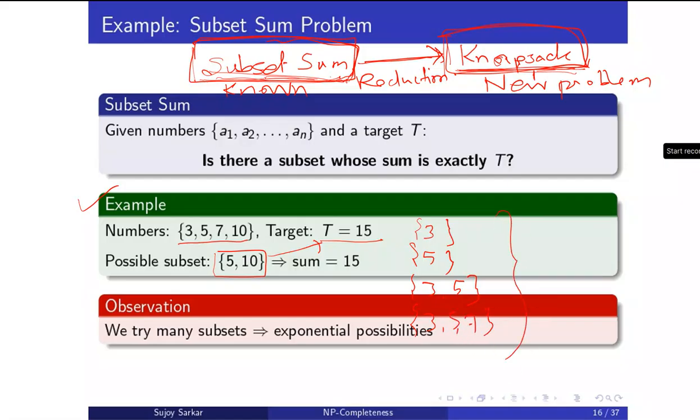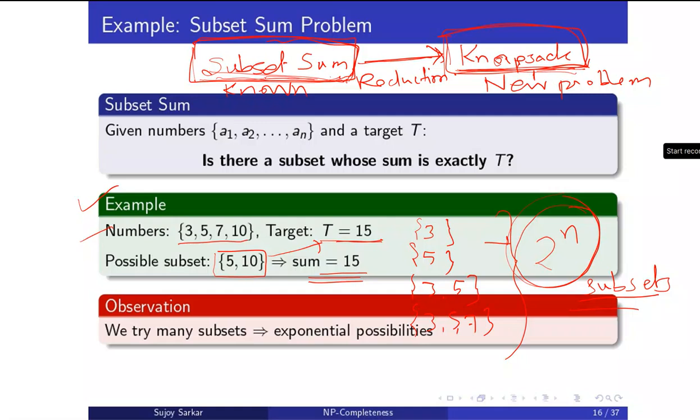And we know there are 2 power n subsets, right? And we need to evaluate all to find the solution. So this is an exponential time algorithm to find the solution. Okay.